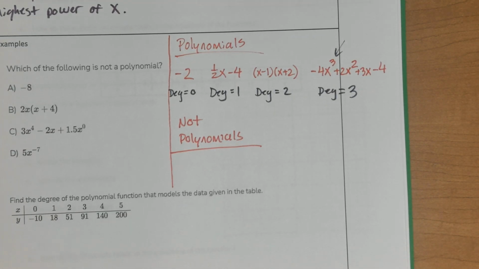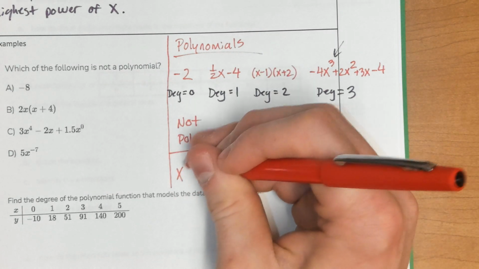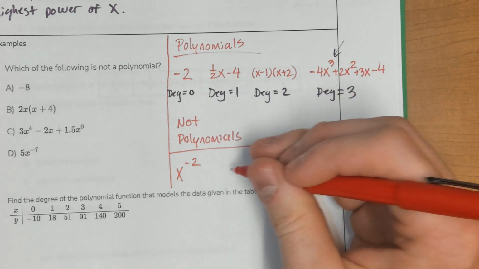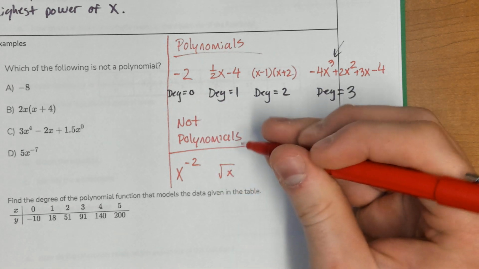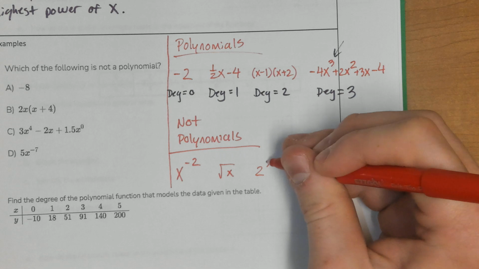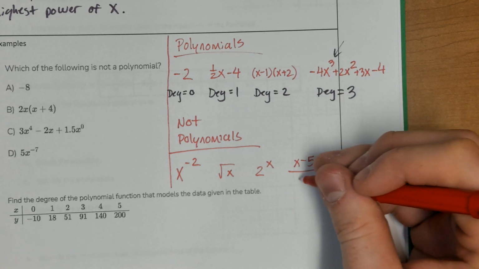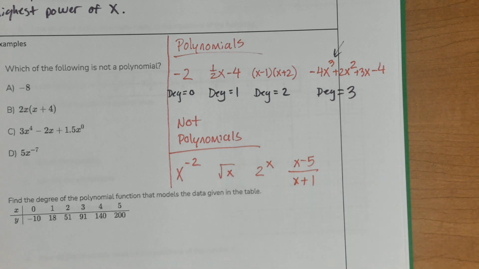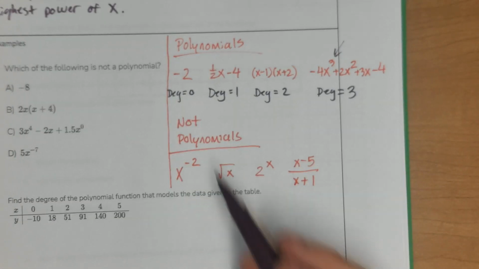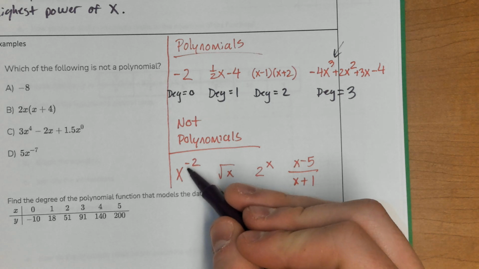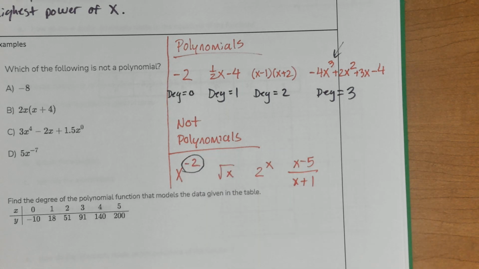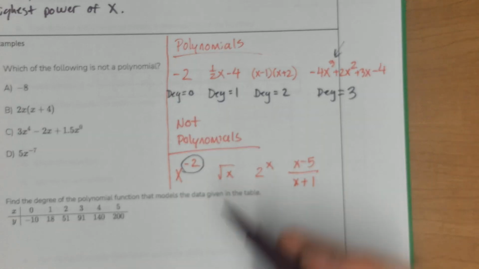We're going to see some examples of not polynomials, of what we can't see. So we have an x to the power of -2, a square root of x, 2 to the power of x, and then x minus 5 over x plus 1. Now, these are not polynomials because, one, we have a negative exponent value. That's not allowed.